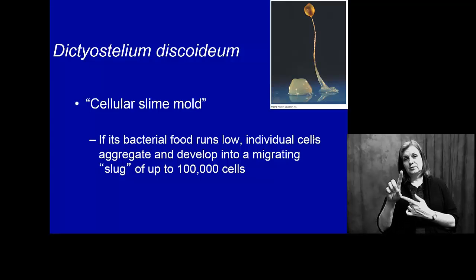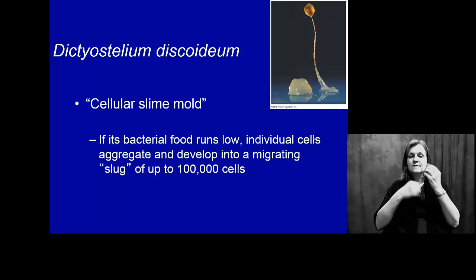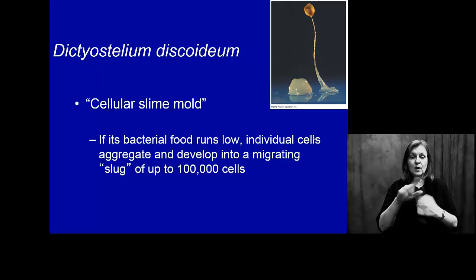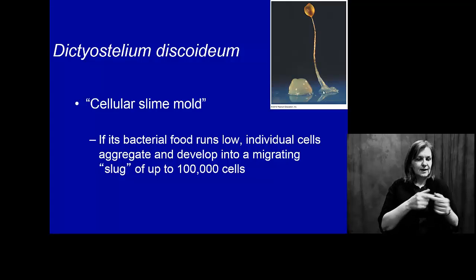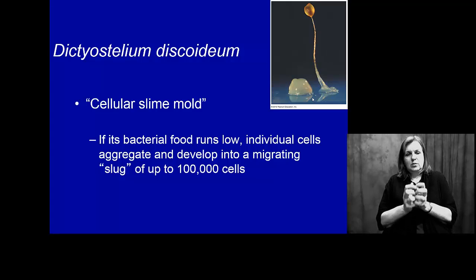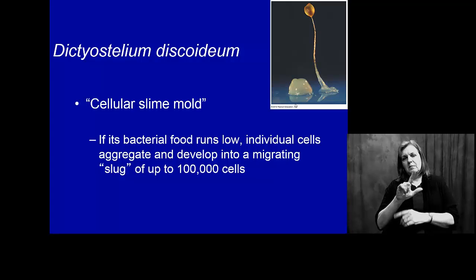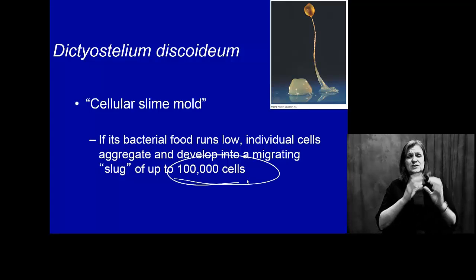The cellular slime mold actually falls into this same fungus-like protist category, but what it looks at is it can be a fairly mundane, basic structure until its food runs low. And then when its food runs low, it'll actually group into these slime-looking things, blobs, up to 100,000 cells, individual cells coming together, and will actually migrate to find food.